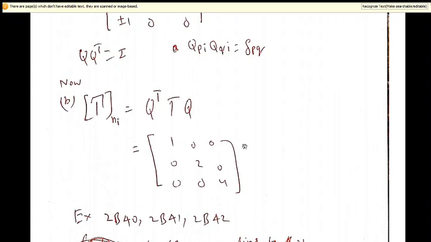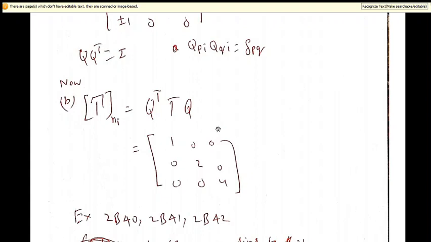You can also write it directly, because you have proved in the theory that if N1, N2, N3 are unit vectors in the principal directions, then tensor T with respect to these N1, N2, N3 will be a diagonal matrix, with diagonal entries containing the eigenvalues of tensor T: lambda 1 is equal to 1, lambda 2 is equal to 2, and lambda 3 is equal to 4.